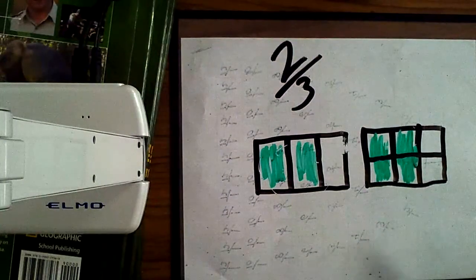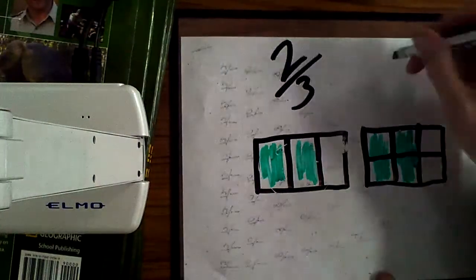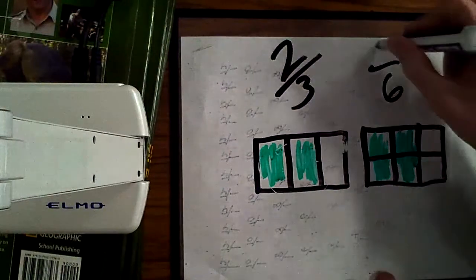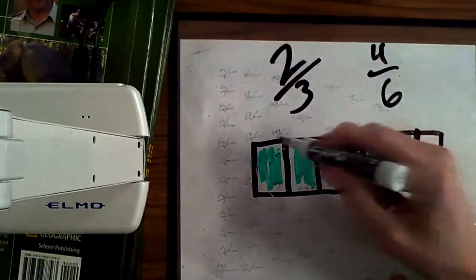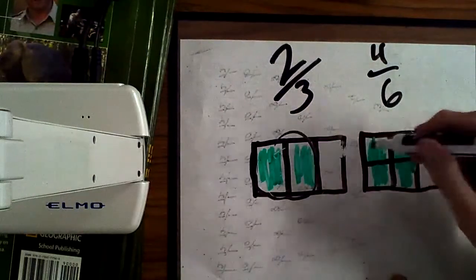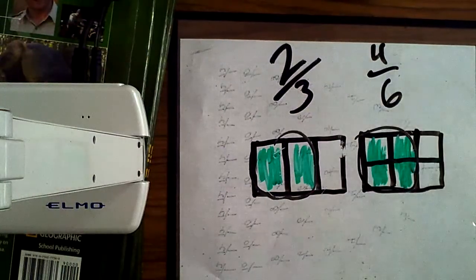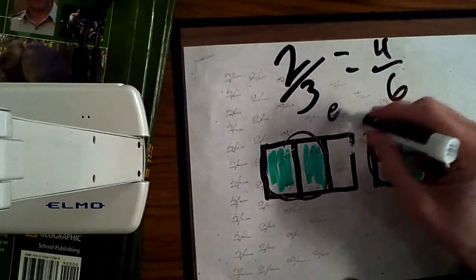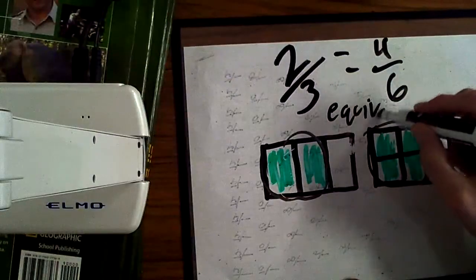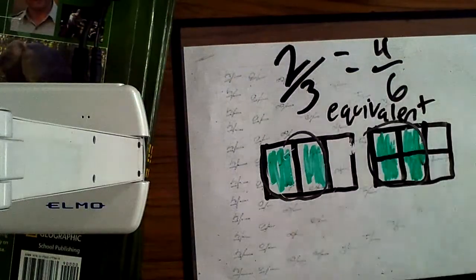We now have 6 total parts, and 4 of them are colored in. But you can see that this amount here is the same as this amount here. The amount that's colored in did not change. So we can see that 2/3 is equivalent to 4/6. 2/3 is equivalent to 4/6.